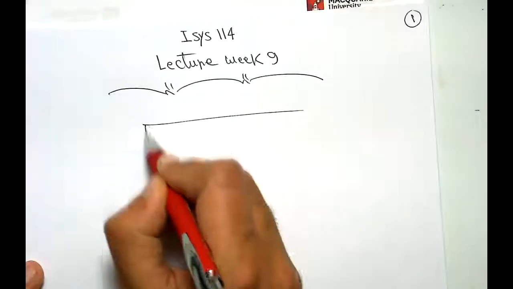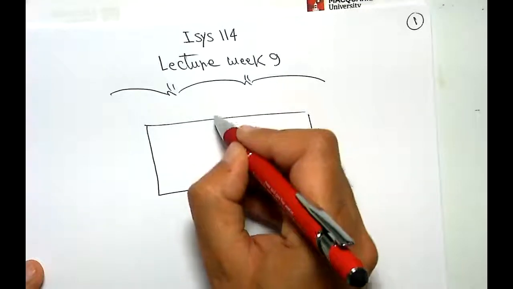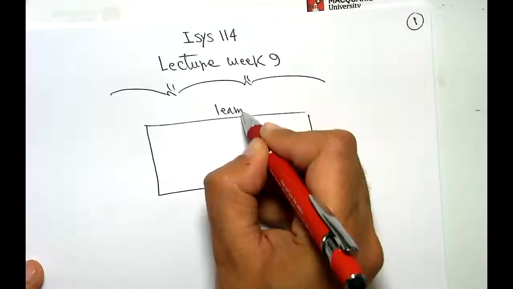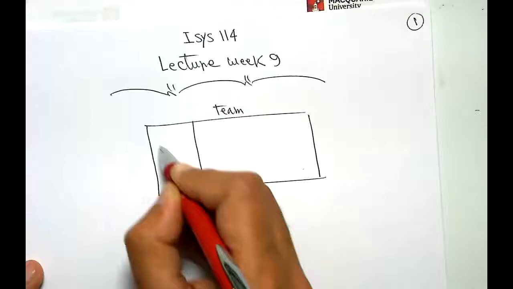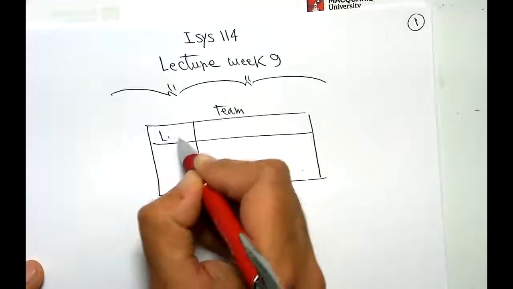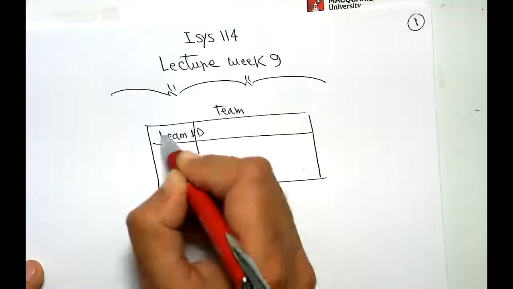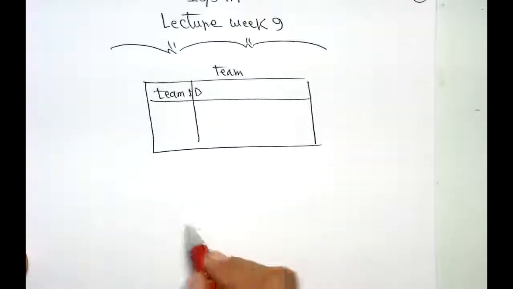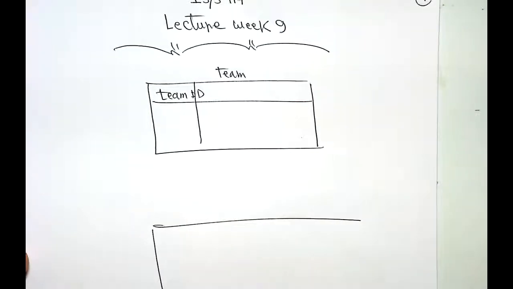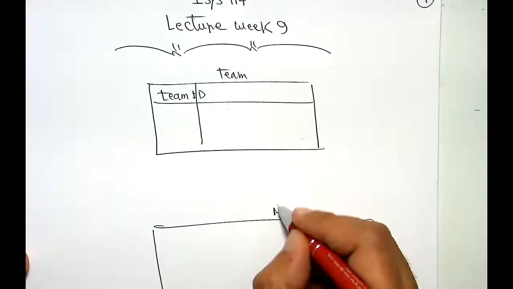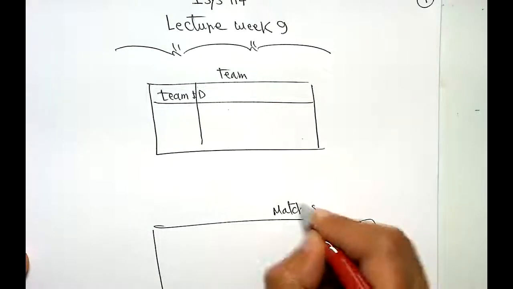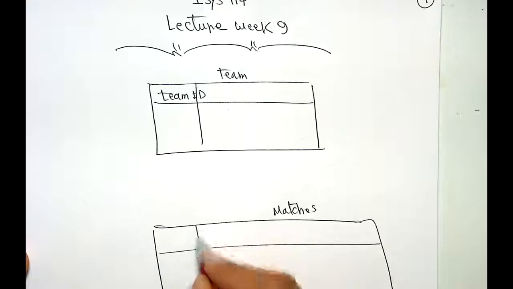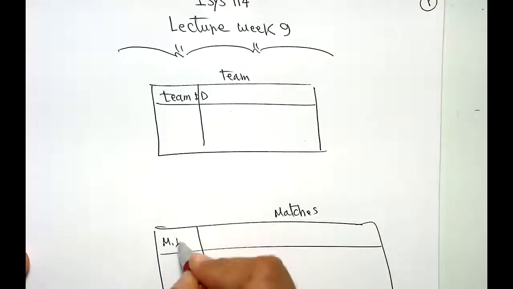So the idea in task 13 is that you have a table called team, and this table has a primary key team ID, and you have another table, matches, and it has match ID as a primary key.